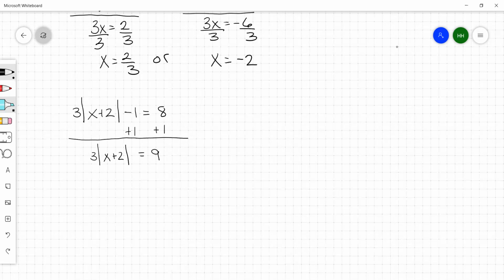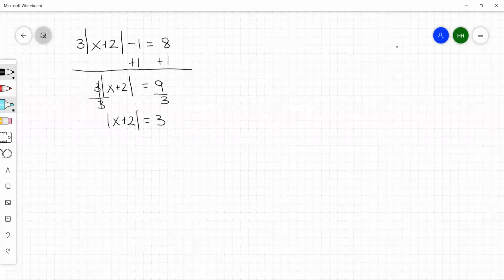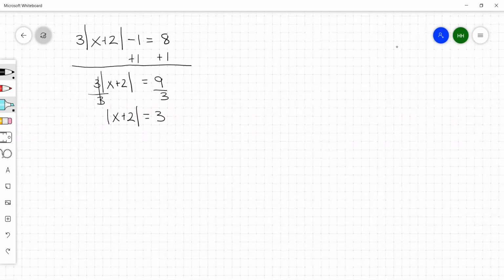And since this is 3 times the absolute value of x plus 2, we're going to divide both sides by 3. And the absolute value of x plus 2 is equal to 3. And now we can solve it the way we did the first 2 examples. We rewrite. So x plus 2 is equal to 3. X plus 2 is equal to negative 3. And then solve both equations.